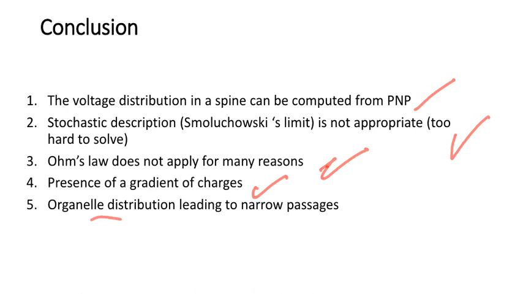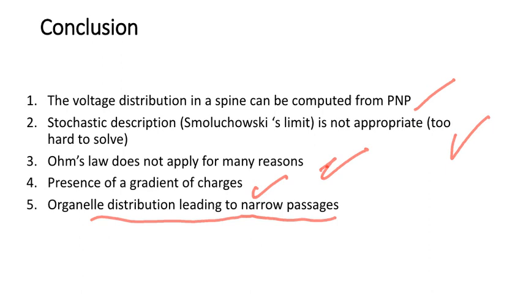And finally, the organelle distribution that can lead to narrow passages can also have a drastic effect on the voltage, on the electric field, and ultimately on the voltage relation inside the dendritic spine.